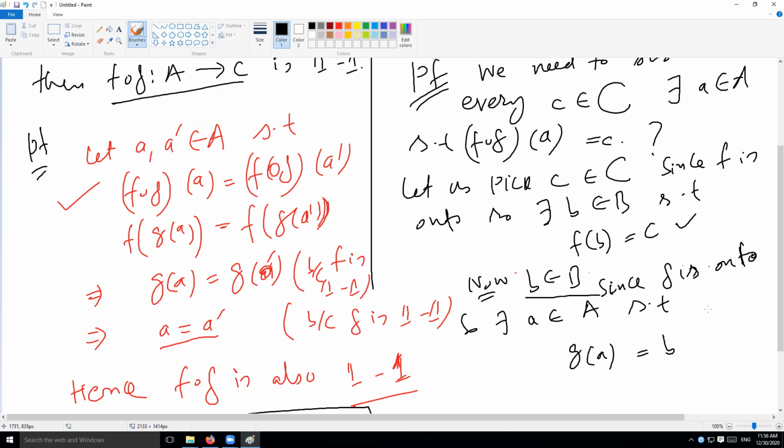Now using this and this, can I conclude this actually? Can someone help me out, how can I deduce this statement from this statement and this statement?